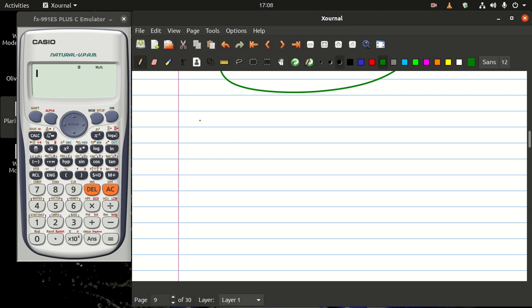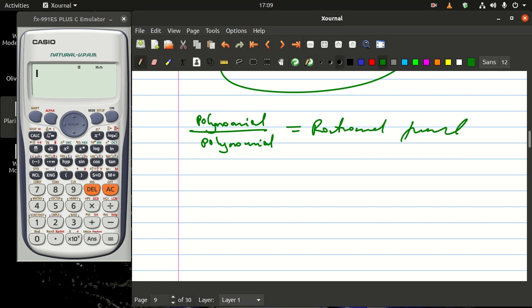We talked about having a polynomial divided by another polynomial. So we said that these are rational functions.